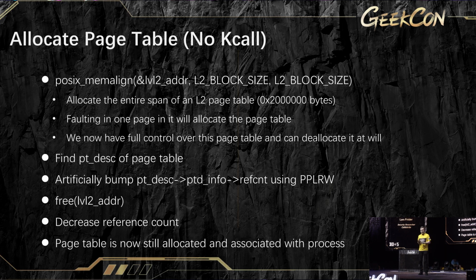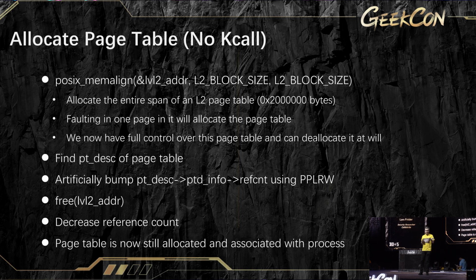Okay, so to leak a page table, we can trigger the system to allocate a page table inside our own process by just allocating the address range that one level 2 page table covers in userland, and we need to also align it by that value.